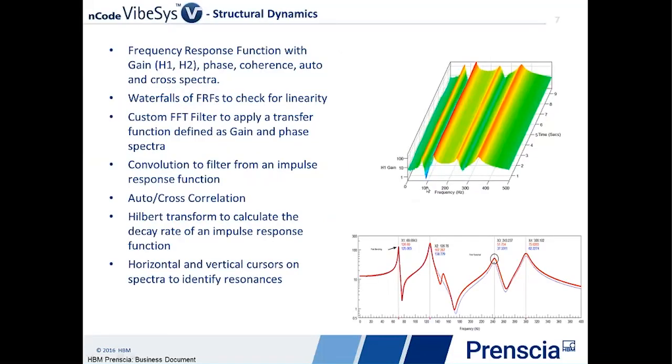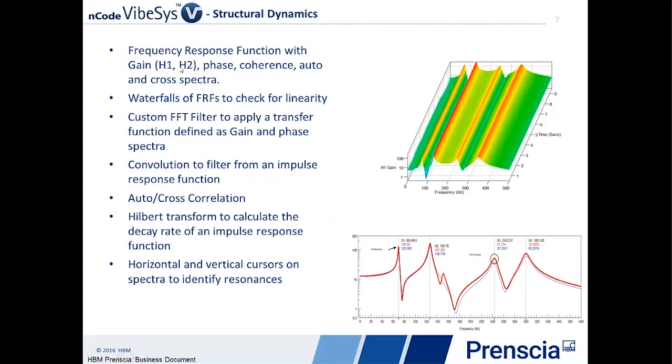But let's concentrate on structural dynamics. In VibeSys, I'll do a live demo in a minute, but basically you'll see that there is an area where you'll find a lot of tools for structural dynamics type analysis. This includes a glyph that does frequency response function analysis with H1, H2 estimators for the gain. It also gives you the phase, coherence, and auto and cross spectra.